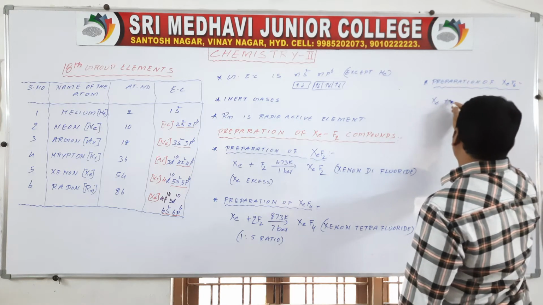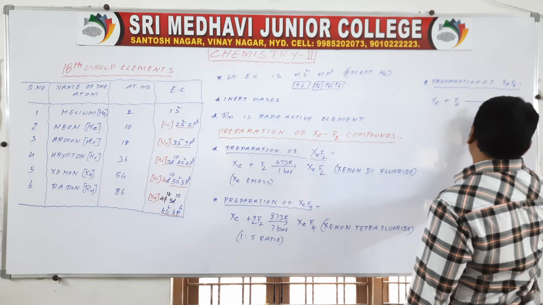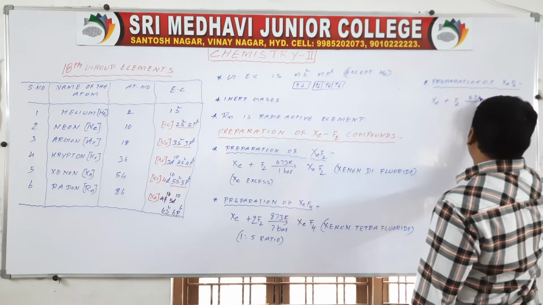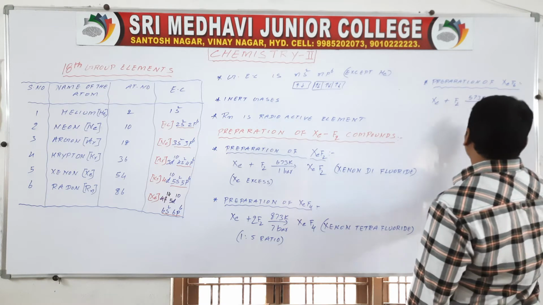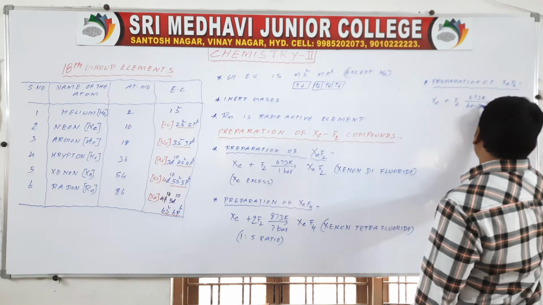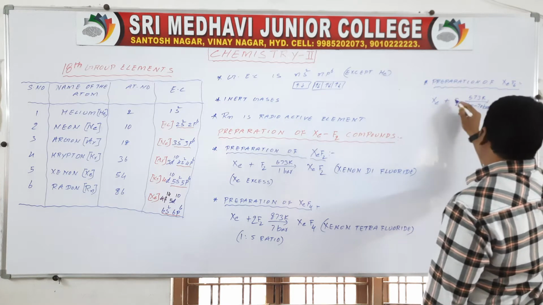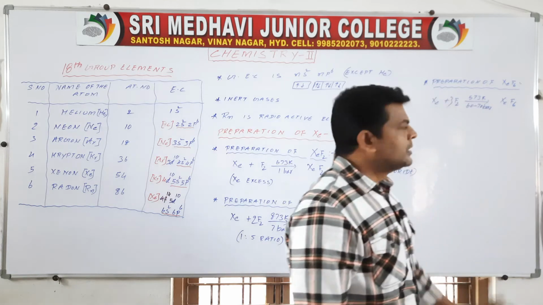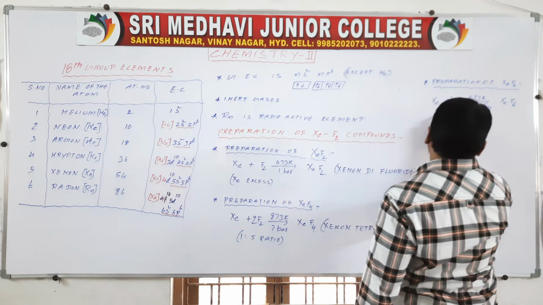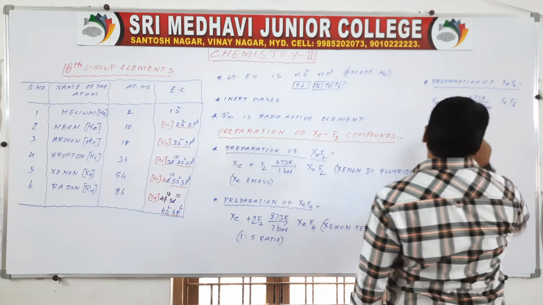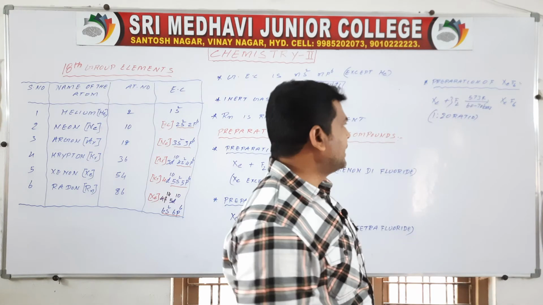Xenon plus fluorine is taken in a nickel vessel at 573 kelvin and 60 to 70 bar pressure. Then XeF6 is formed. For balancing you have to take 3. Then it is a 1:20 ratio.